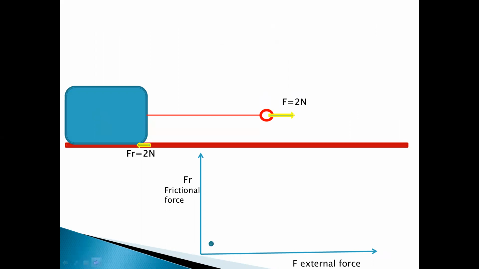We apply 2 Newton, so frictional force will become 2 Newton. Simultaneously observe the points on the graph so that you can understand. Now if I apply 3 Newton, your frictional force will be 3 Newton. For 4, friction will be 4 Newton. So you will get one straight line graph like this.